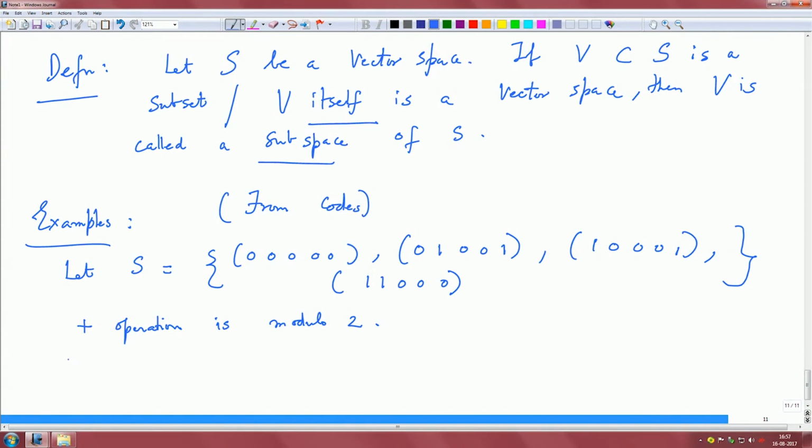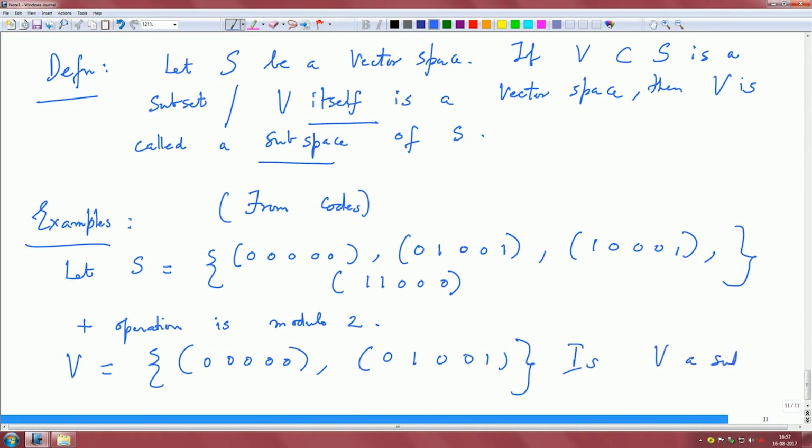Now suppose I choose this set V to be 00000 and 01001. Can you verify, is V a subspace of S?